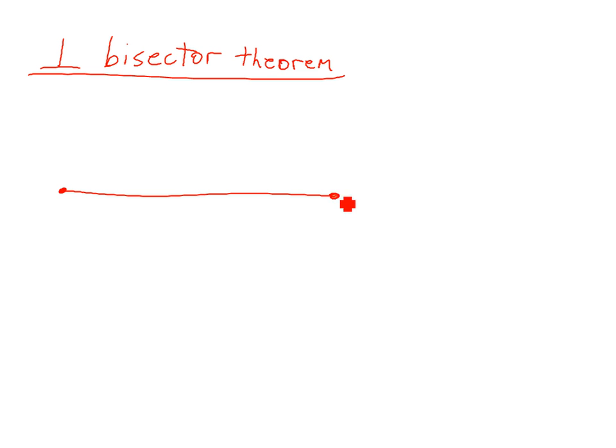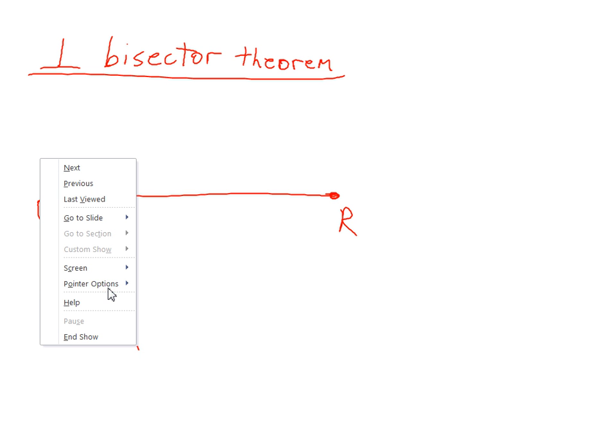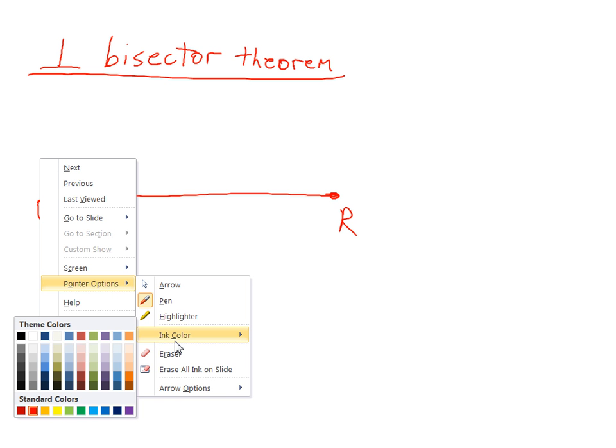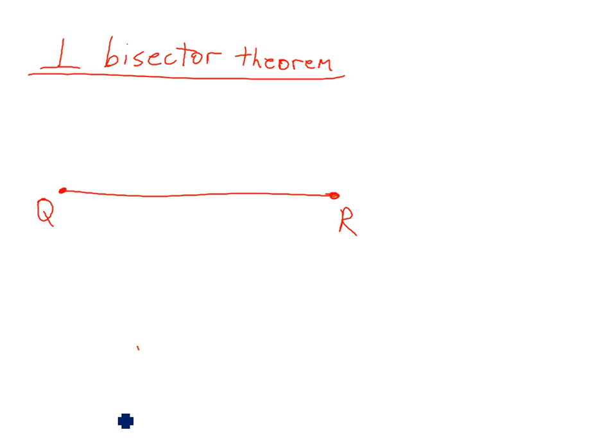If I have some segment, we'll call it QR, and we have some line that comes to it, or a ray or a segment or whatever comes to it.